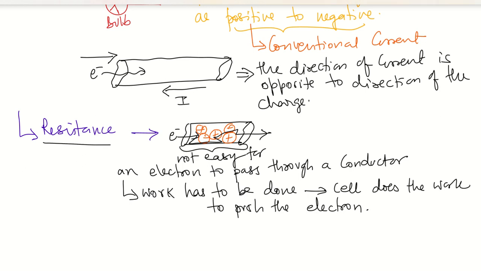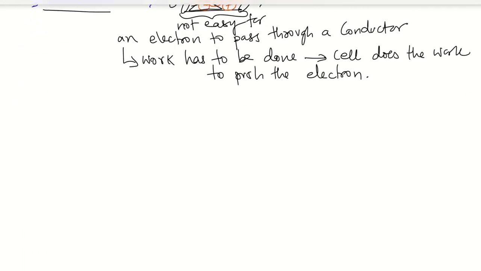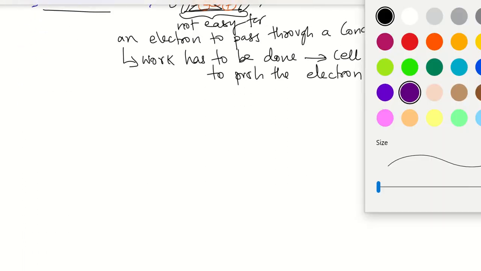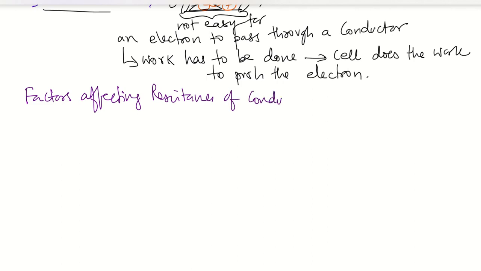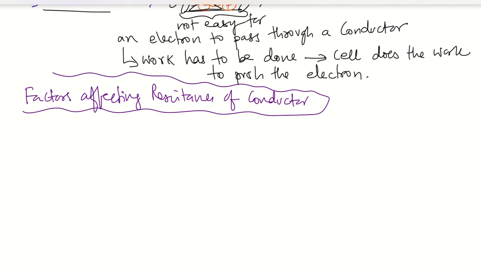Now what are the factors that can affect the resistance of a conductor? We will see that there are some very special relations. One is the length.